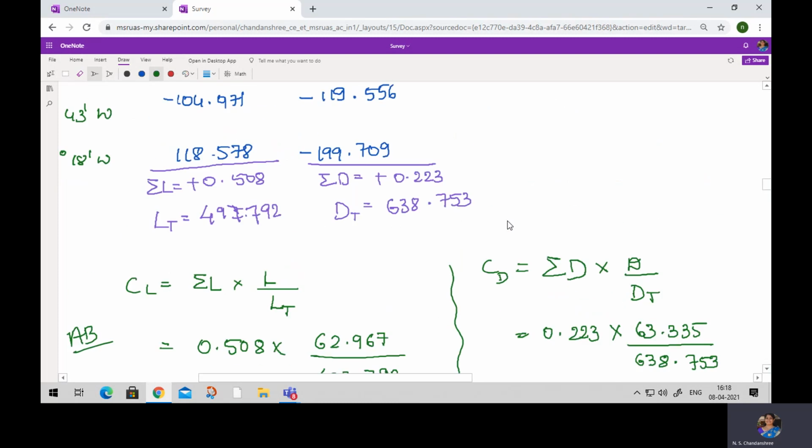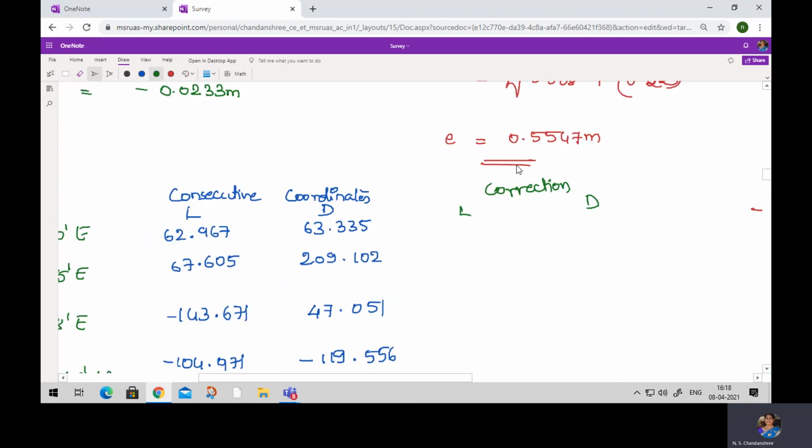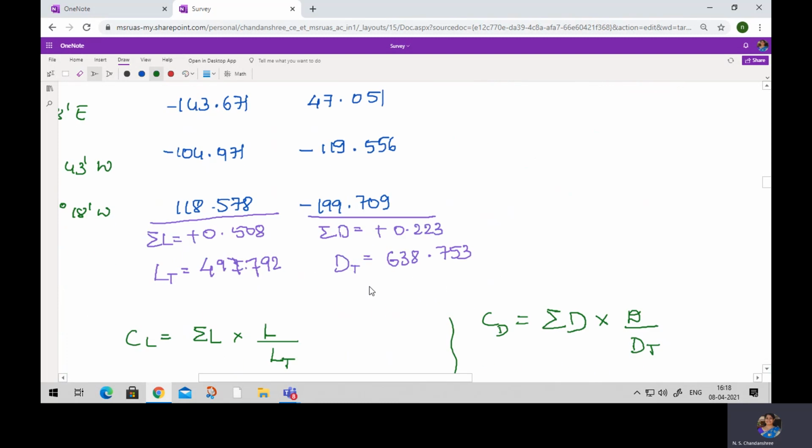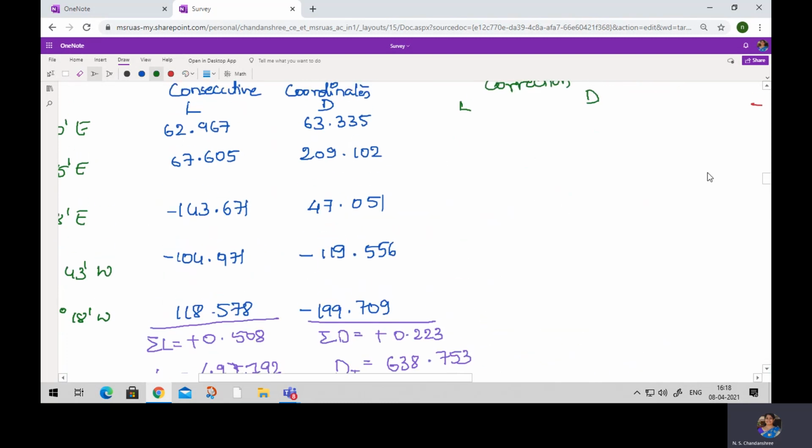So now what is the sign of the correction? We have to check the sign of the error. Error is positive, so all the corrections will have negative sign. So I'll directly write the value here. Other correction for latitude and departure should be done as shown now. 0.0642.